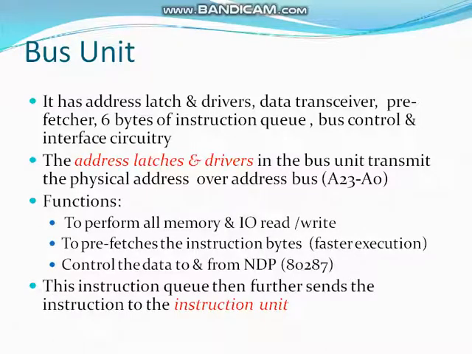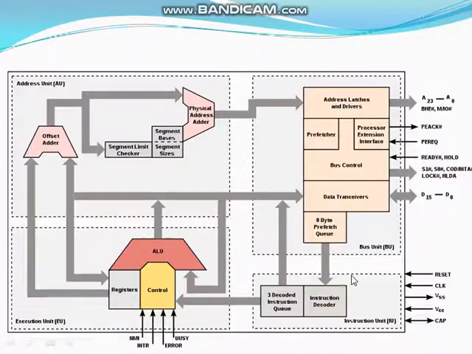Finally the instruction queue then sends the instruction to the instruction unit. This queue is actually seen as 8 bytes, but no, it is 6 bytes. Finally, whatever instruction is fetched, it will send to the instruction unit.